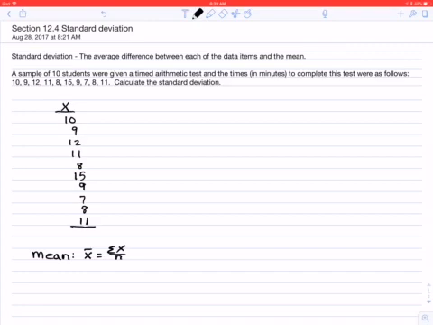That symbol means to add, or take the sum of. So we're going to take the sum of the values and divide by n. N stands for the number of values.